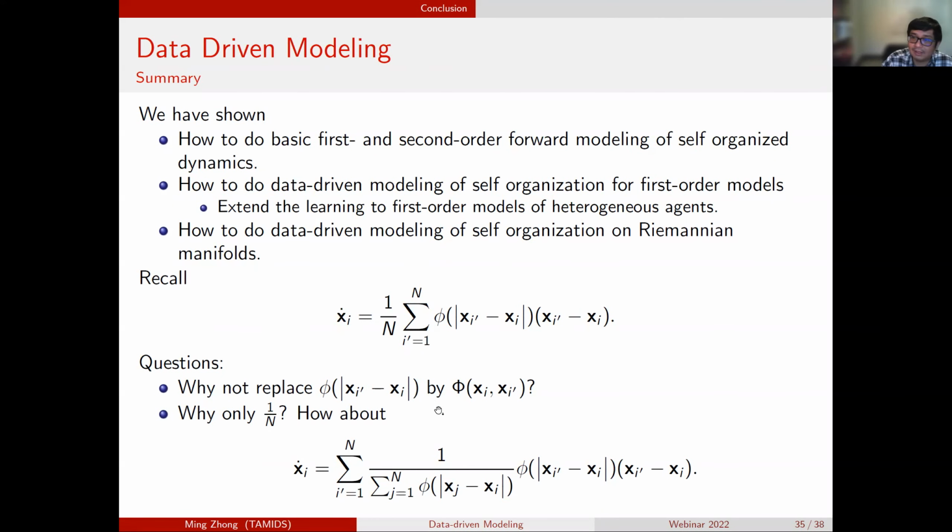So we can extend the idea to say that this interaction law can be as general as possible, depending on just pairwise states, but symmetric. That means phi of xi, xi prime is the same as phi of xi prime, xi. So we only put a symmetric requirement on this interaction law. Can we still learn that?